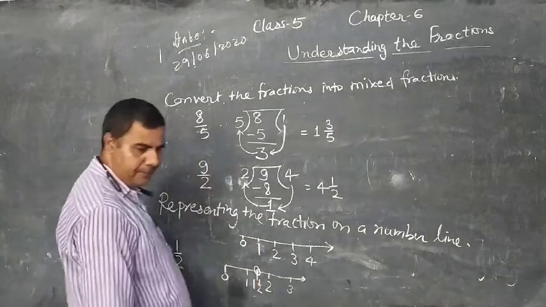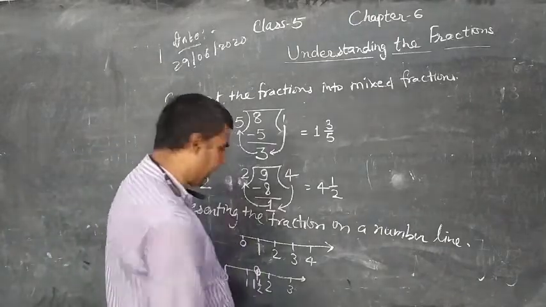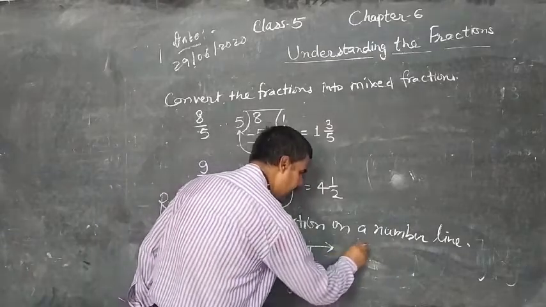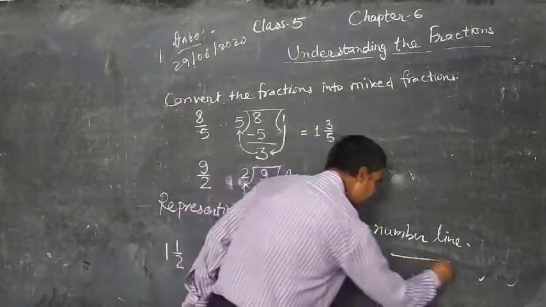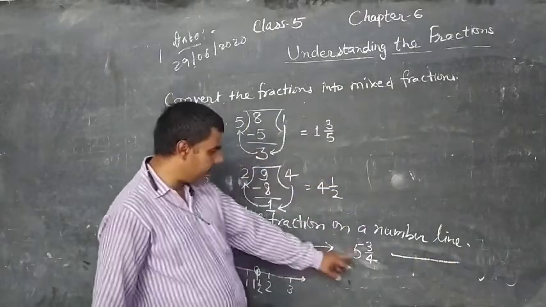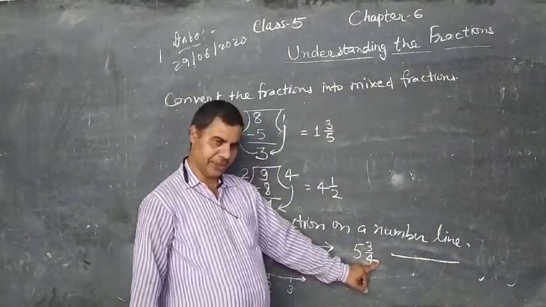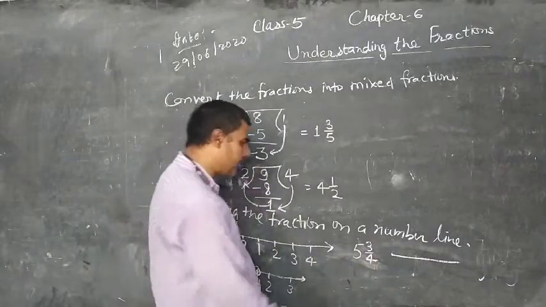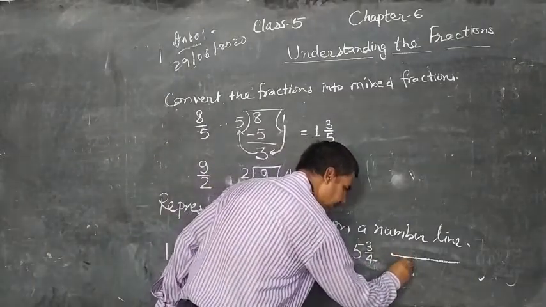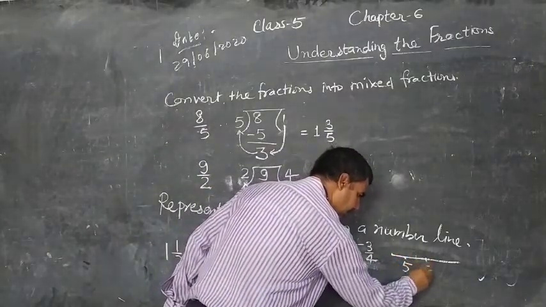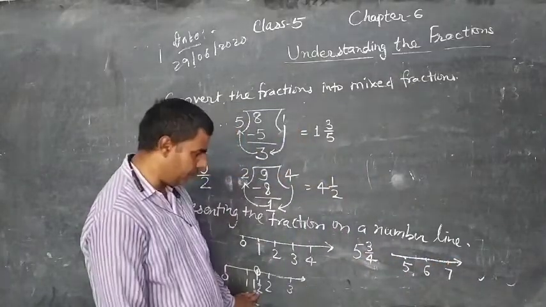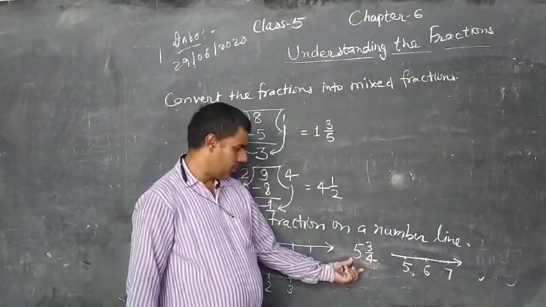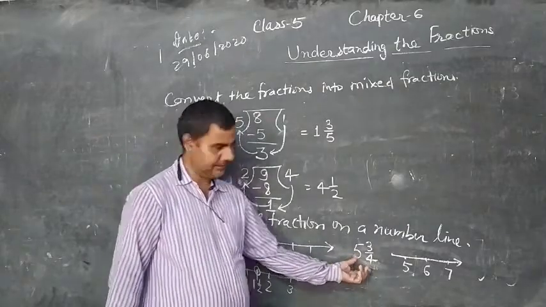Let's take one more example. 5 and 3 by 4. Now you see that this number is between 5 and 6. So we should represent the numbers 5, 6, 7 only, because this number lies between 5 and 6.